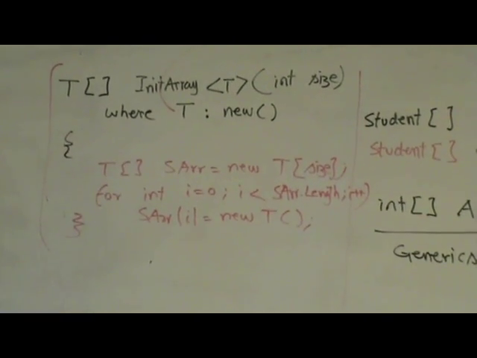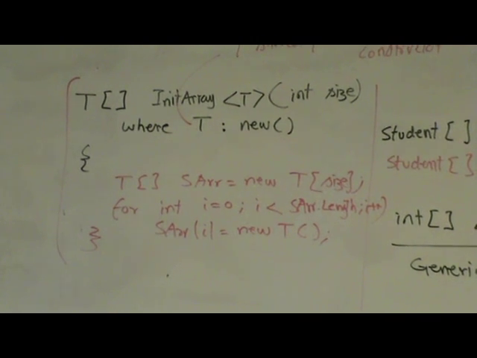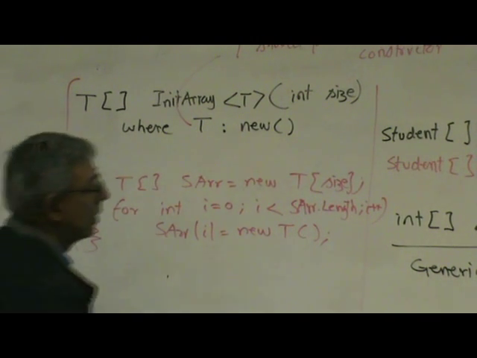So now this is our proper generic method with constraints. Okay, so now let's go over here.